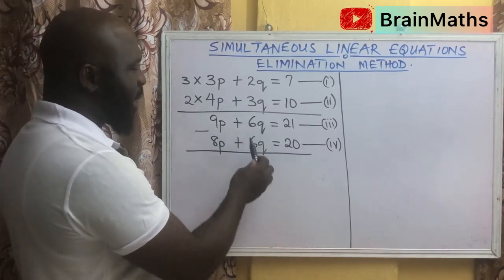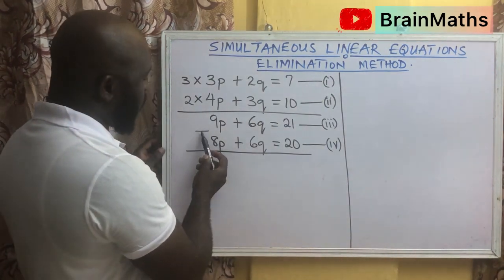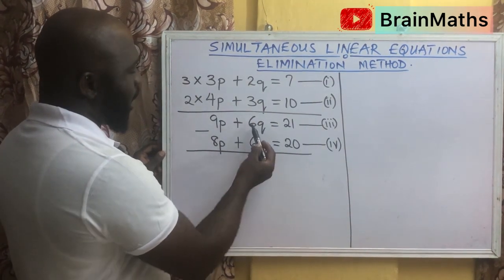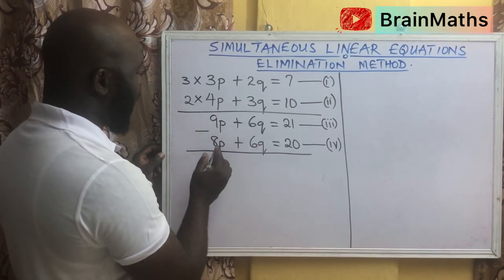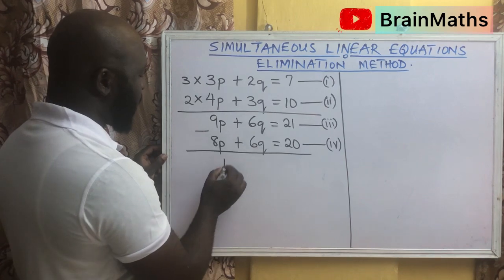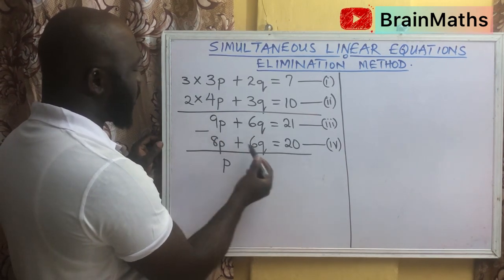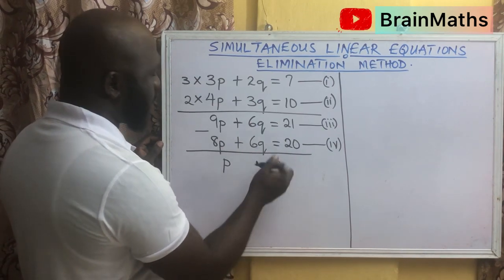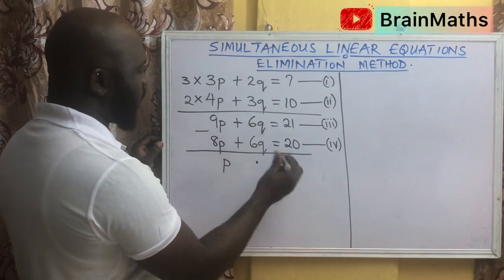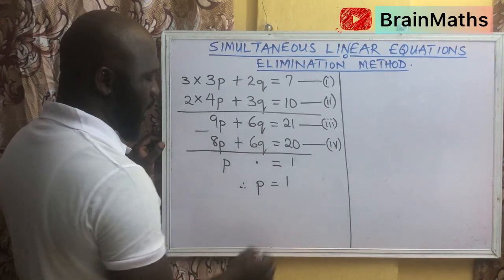But we have to find a way to eliminate q. So in that case, we are going to use negative, and that is going to give us 0 on this side. So we say 9p minus 8p, that is p, which is 1p, and 6q minus 6q is going to give us 0, equals 21 minus 20. So therefore, our p equals 1.